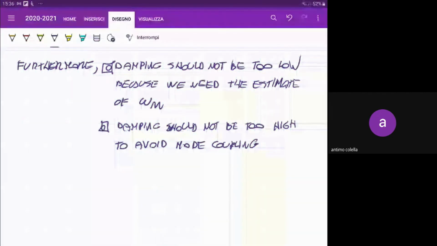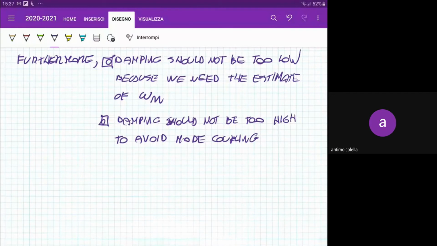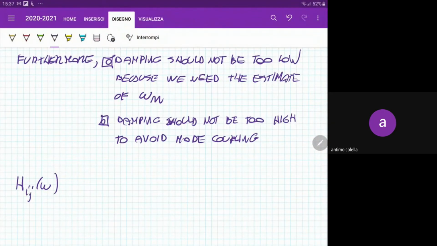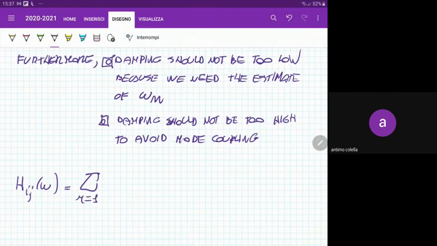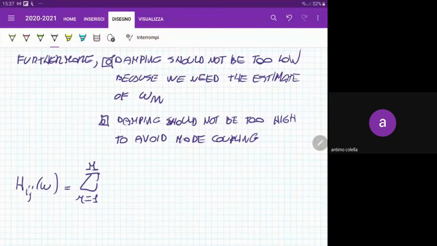Now let's see from the model point of view what this single degree of freedom hypothesis is leading us. The Hij of omega could be rewritten as a summation from r equals 1 to the number of modes. Now I'm just considering that the lower and upper residuals are not there, so I am shifting the index of the summation from 1 to the number of modes that are of interest in our analysis.